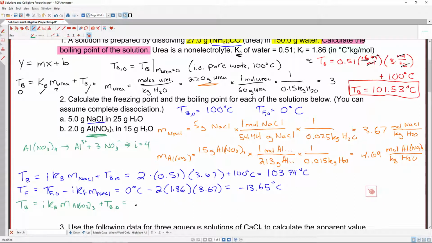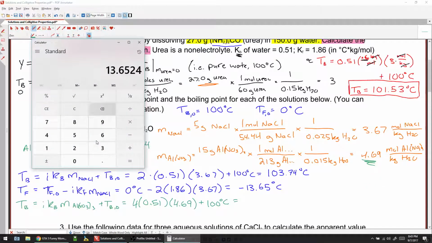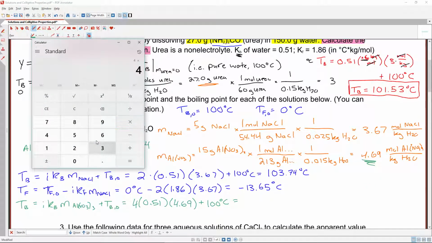So we're going to have 4, Kb is still 0.51, and your molality we calculated over here to be 4.69, at the normal boiling point. So we have 4 times 0.51 times 4.69, add 100, and we get 109.6.